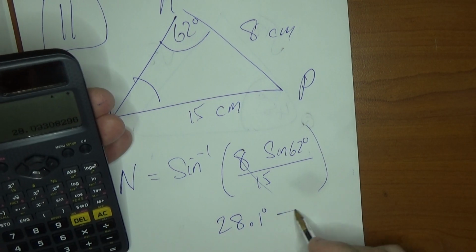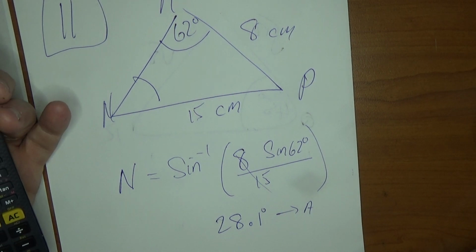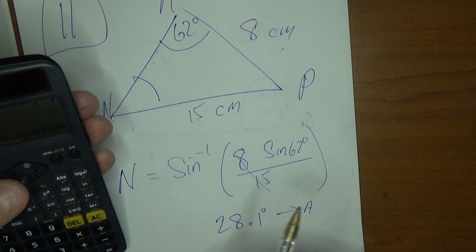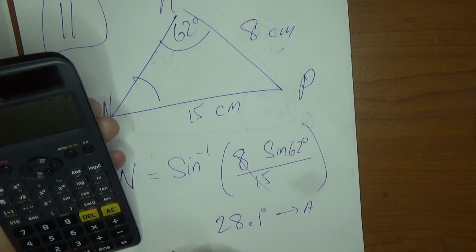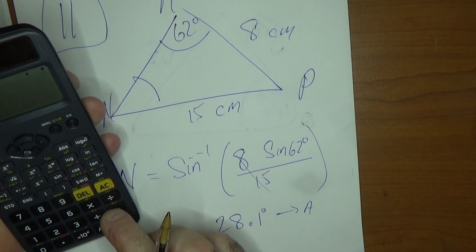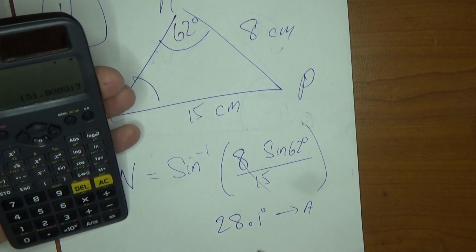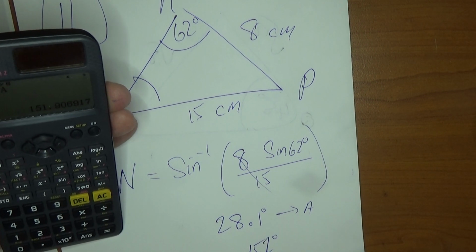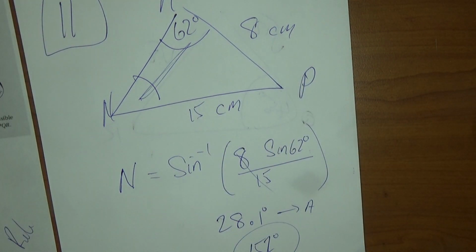Store it to A just in case we want it exactly. And 180 minus that alpha I saved would give me 151 as the other candidate. 152 degrees is the obtuse candidate, but you can see here that's absolutely no way possible, because that goes too big.